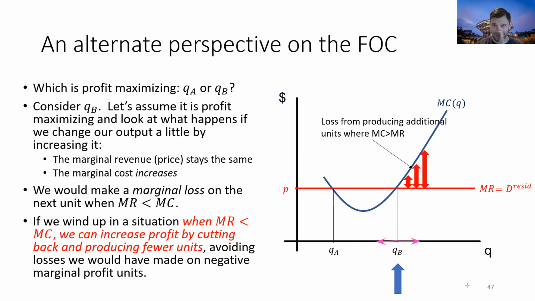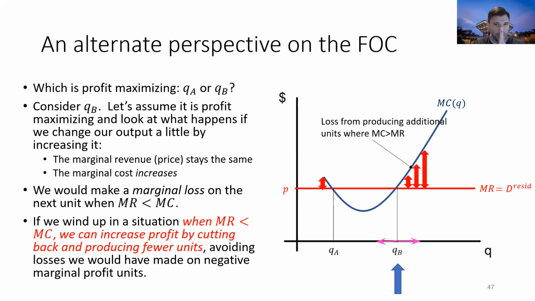Therefore, no matter which direction we moved from QB, our profit went down. Therefore, the conclusion is what? What's the conclusion here? Yeah, gotta be profit maximizing. Absolutely. QB is a max.